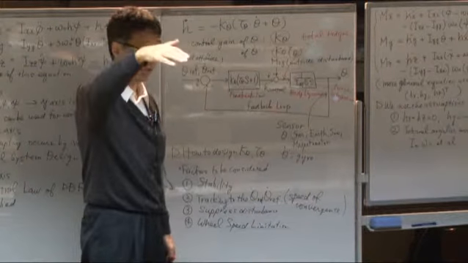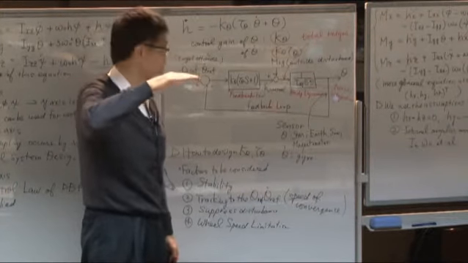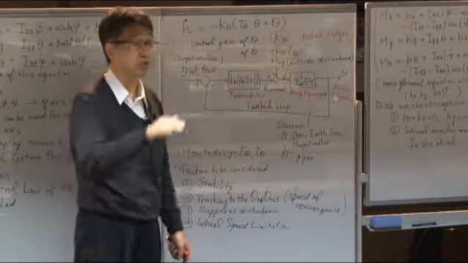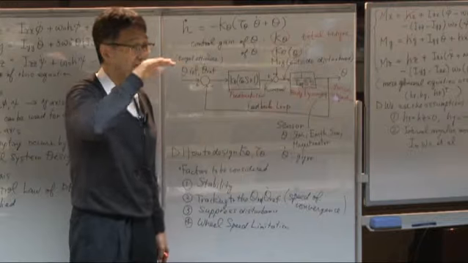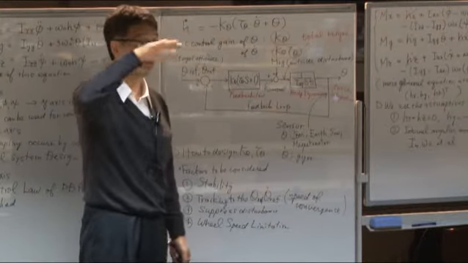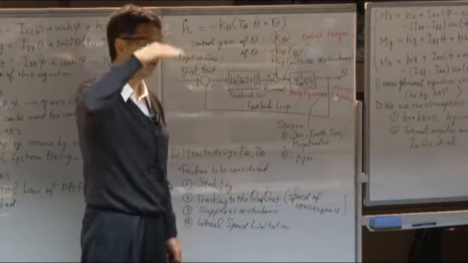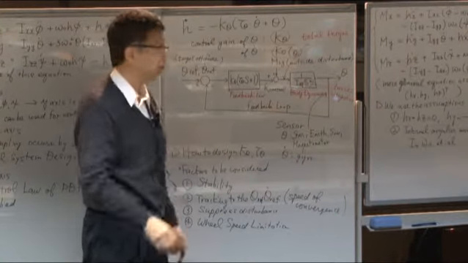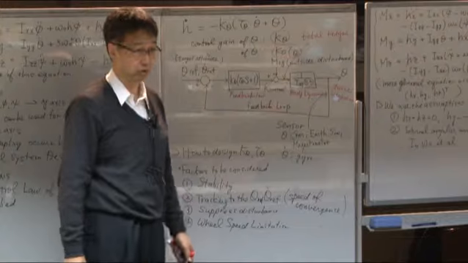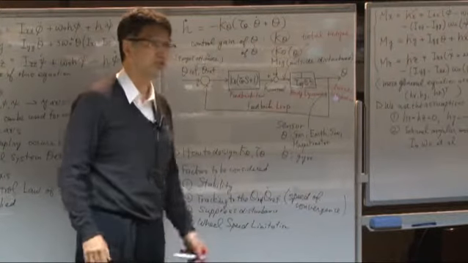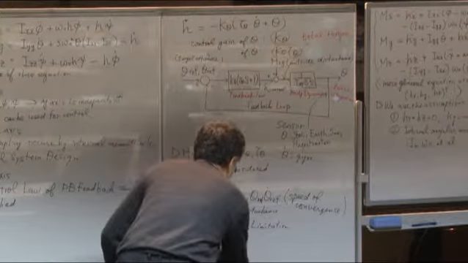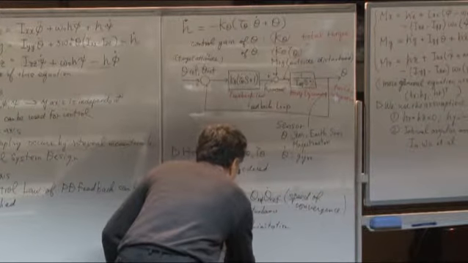In that case, this does not work. That means the rotation speed of the wheel cannot exceed the limitation, and when the wheel reaches that limitation, then you cannot get any more control torque. So this is called saturation. And you should also consider that.